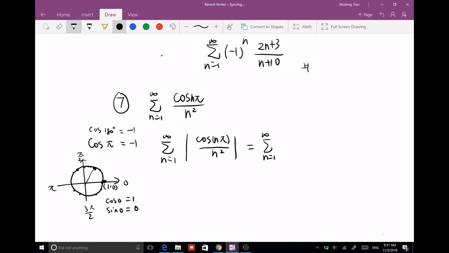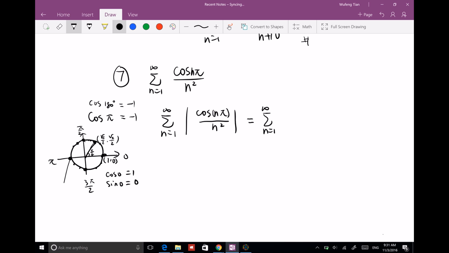If it's this point, for example at pi over 4, this point is square root of 2 over 2, square root of 2 over 2. So cosine pi over 4 is square root of 2 over 2, and sine pi over 4 is square root of 2 over 2. It's easy for us to memorize the points, especially these 4 points. This point has coordinates (-1, 0), so cosine pi equals -1 and sine pi equals 0.